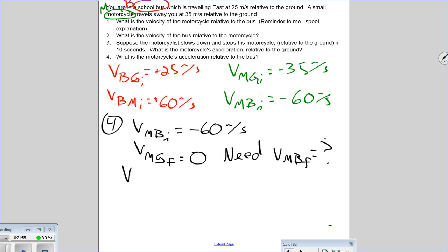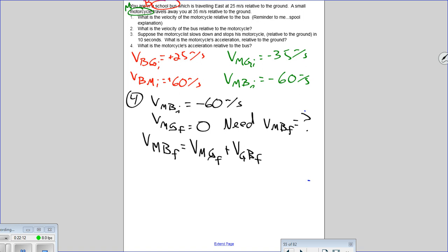The velocity of the motorcycle relative to the bus final is equal to the velocity of the motorcycle relative to the ground final plus the velocity of the ground relative to the bus final. This is the same thing we did before, right? We don't know the velocity of the ground relative to the bus. So what should I do? This one's not written in my givens up here anywhere.